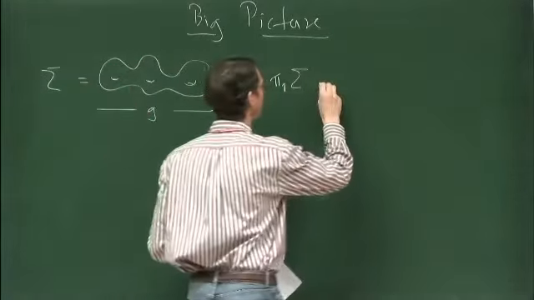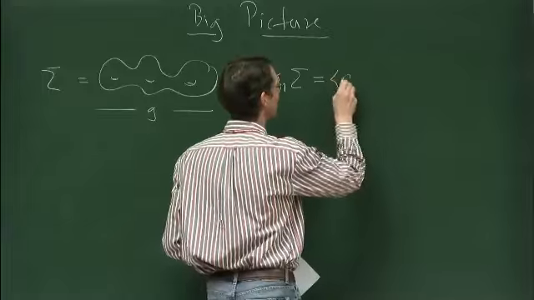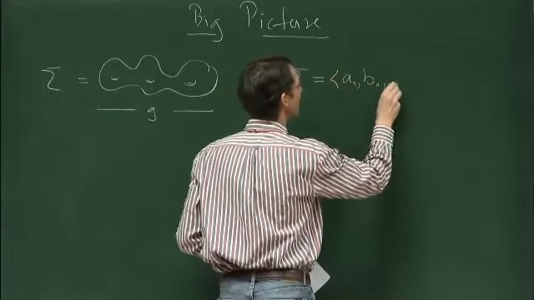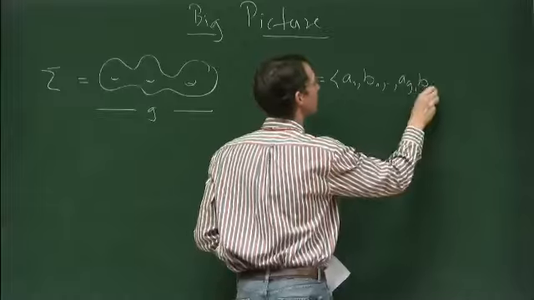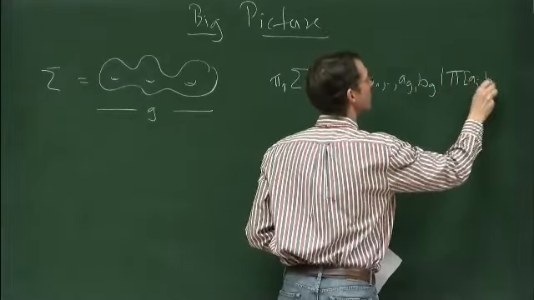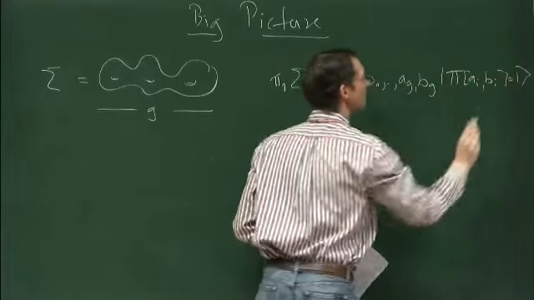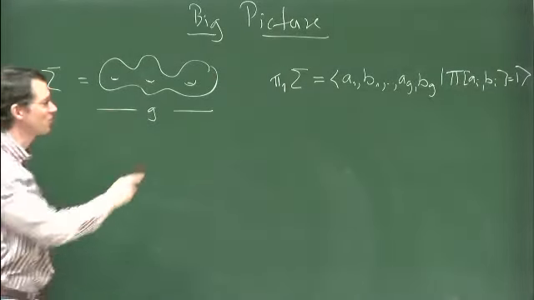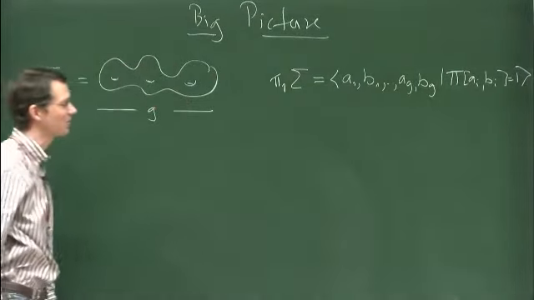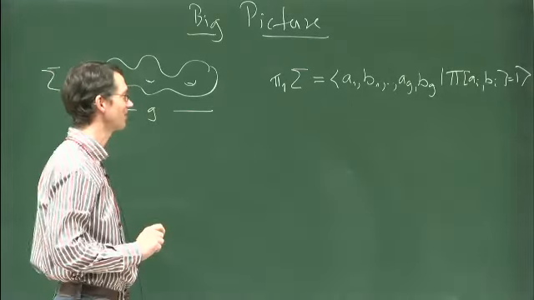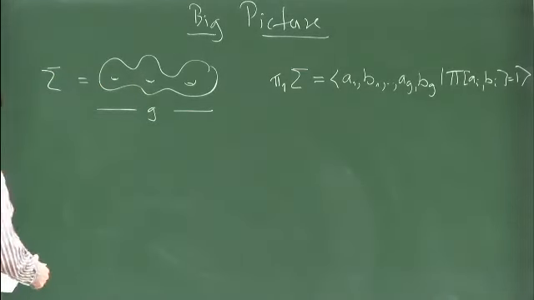We learn in basic topology that the fundamental group of such a surface has 2g generators, subject to the single relation that the product of the commutators of the generators is the identity.